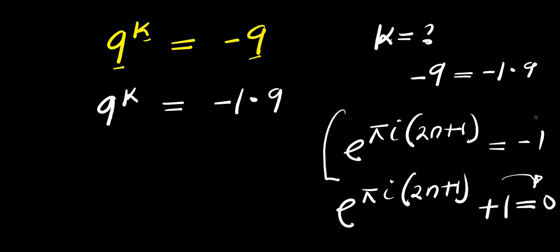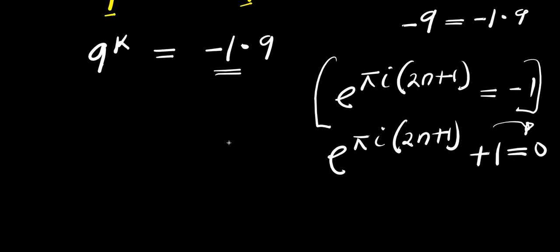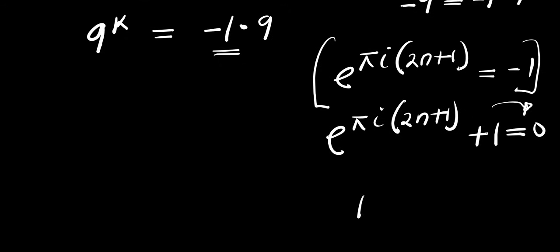So we are going to replace this negative 1 here with e to the power of pi times I times 2n plus 1. And don't forget the fact that the n here is an integer, right?